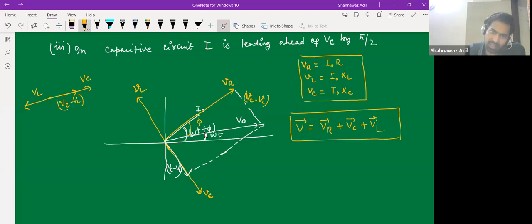And you can see the angle between these two. The resultant of this one is VC minus VL.